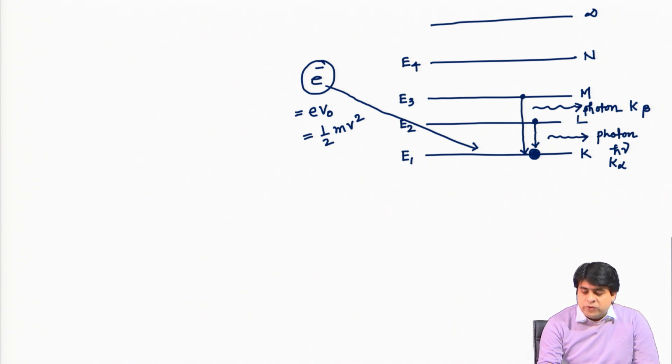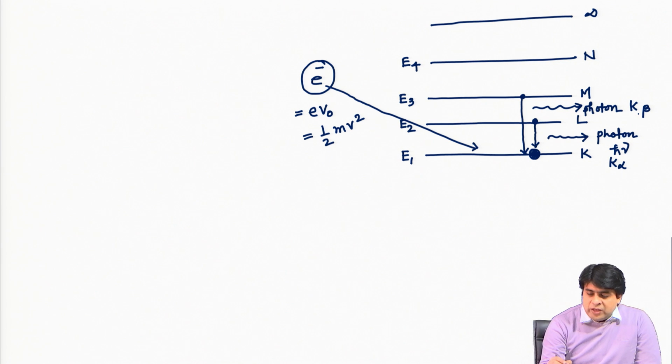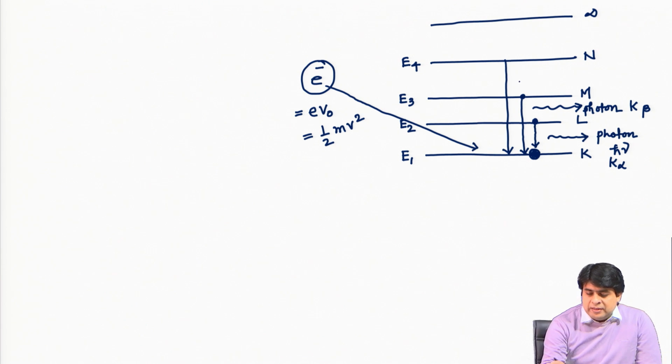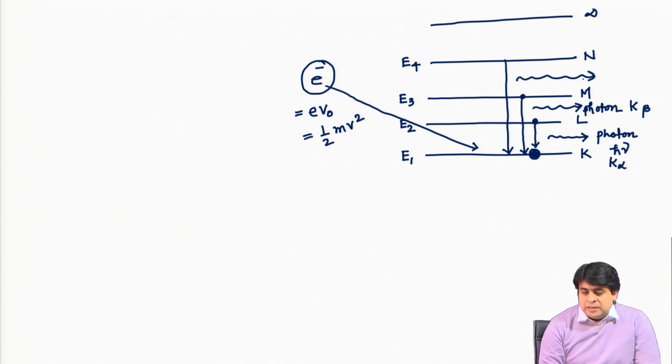When it jumps from the second to the first level, we use alpha, and when it comes from the third to the first, we use beta. Suppose there is a vacancy in the K shell and an electron jumps from the N shell to the K shell, because the final destination is K. There will be some excess energy released in the form of a photon, so it will be a K gamma.